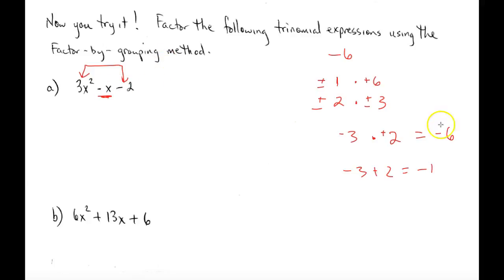And just to put it in context of this particular example here, if we put x's here, then that would be this. And put x's here, that would be that, which is that. So now we come and say 3x squared, and in place of a negative x, we're going to write a negative 3 plus 2x, and then minus 2.